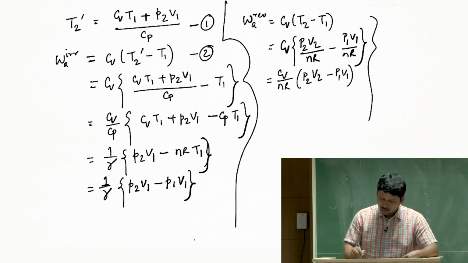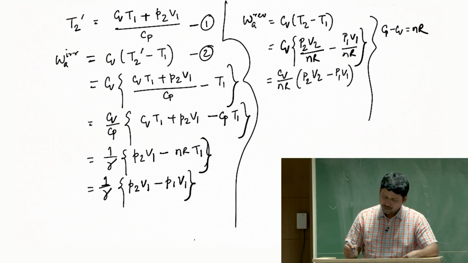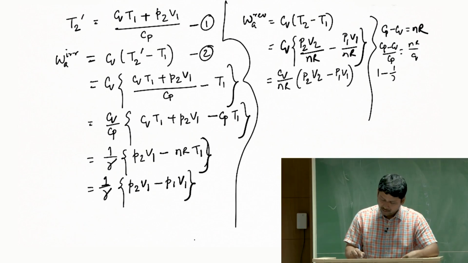We know that Cp minus Cv is equal to nR. So, if I divide by Cv on both sides, then I will get (Cp minus Cv) by Cv equal to nR by Cv. Let us just back up this step, because we want Cv by nR.